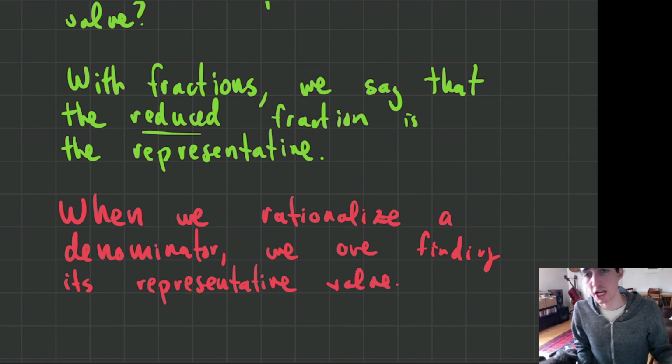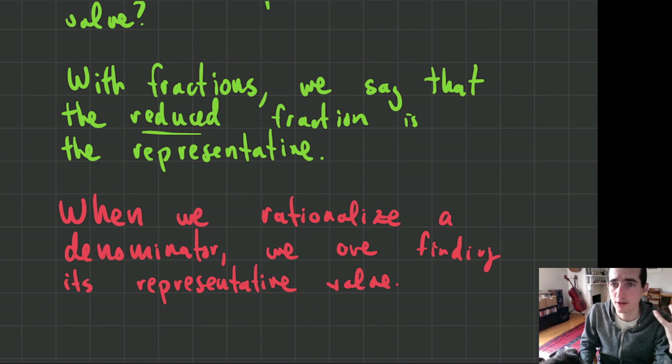Okay, so we're not changing the value itself, we're changing the form of the value. We're finding an equivalent expression that has the same value, but we've decided as mathematicians and humans, as a society in a way, that the way we represent these values is that we don't want to have an irrational number in the denominator.